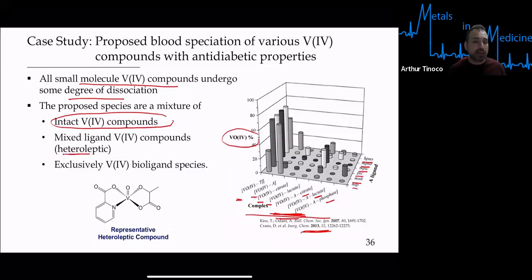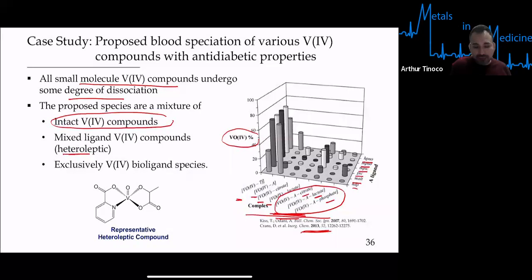What do I mean by heteroleptic? I mean, you have a mixture of ligands. So these compounds that you see over here, as labeled here, these are heteroleptic because they consist of the original ligand that you introduced into solution, in addition to the other ligands that were placed in solution as part of this sort of fake serum solution that was prepared.